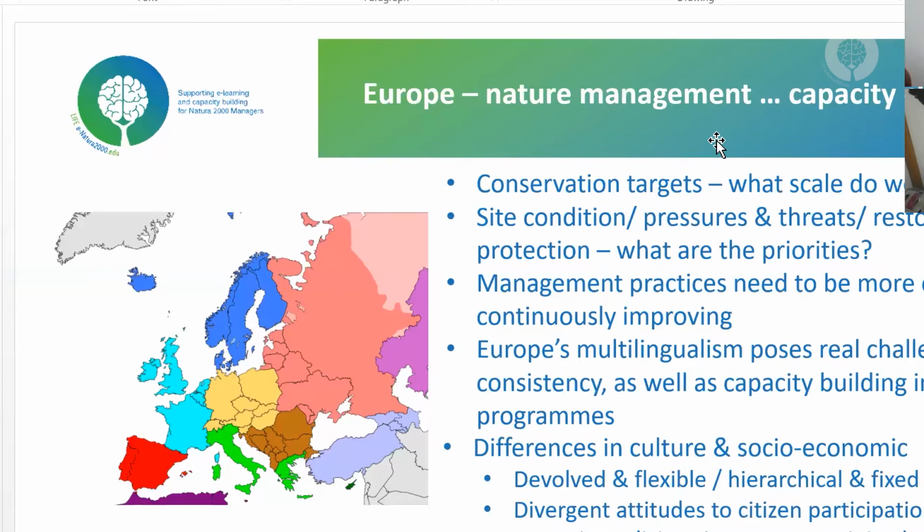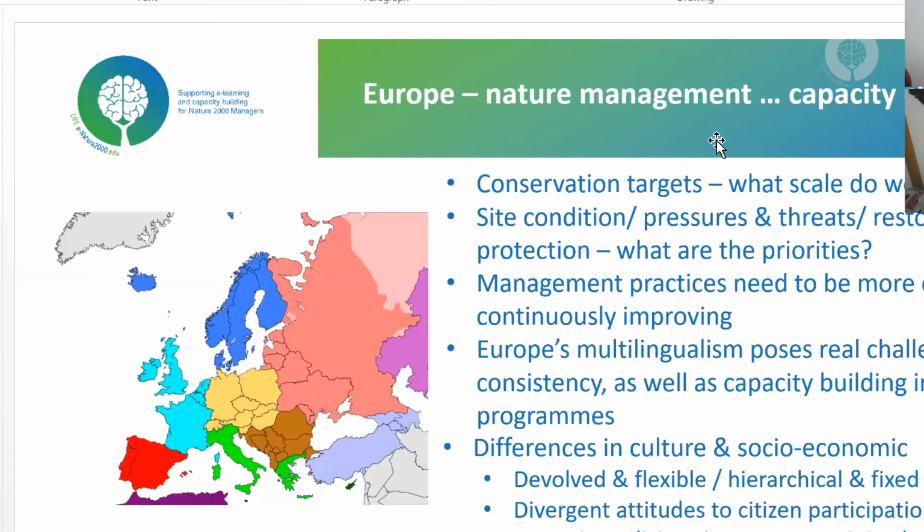And then there are also differences in terms of culture and socioeconomic aspects that impact on the approaches and the ways of working in different countries.